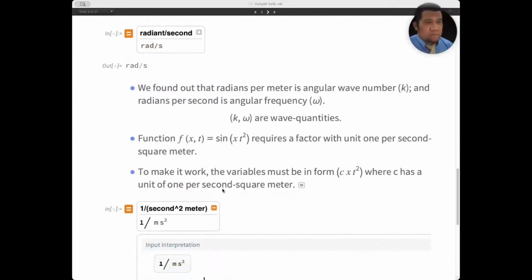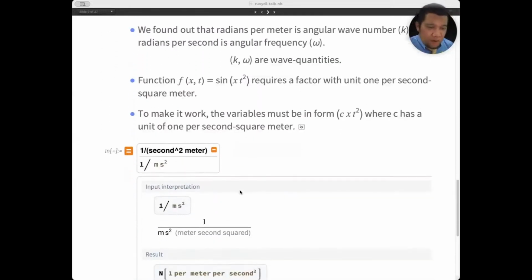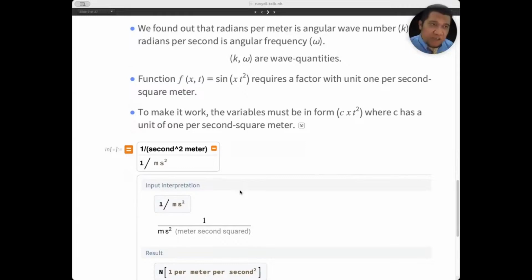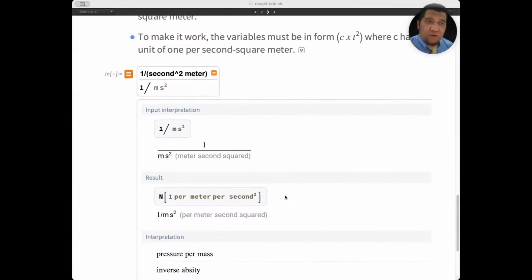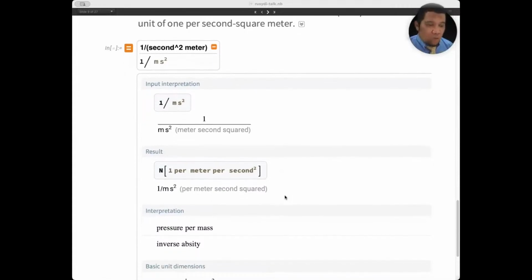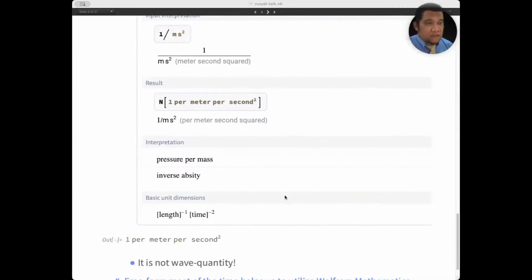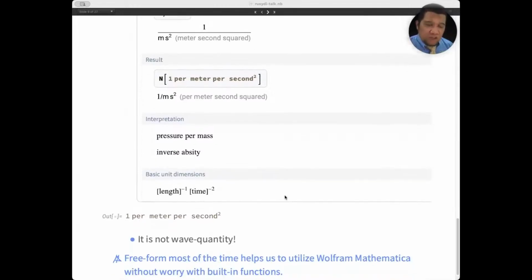However, the function D, sine(x t squared), requires a vector with unit 1 per second squared meter. After we check the unit with the free-form input, we find out it is not a physical quantity related to waves. That is the reason why function D cannot represent waves.